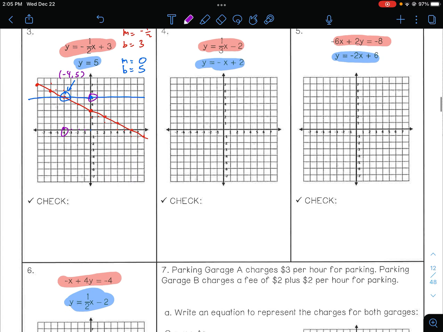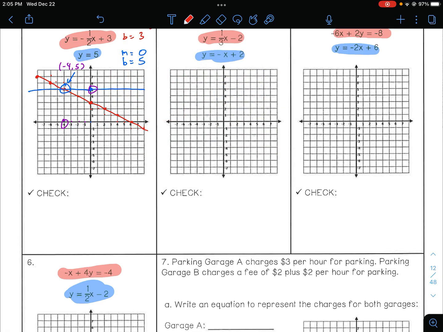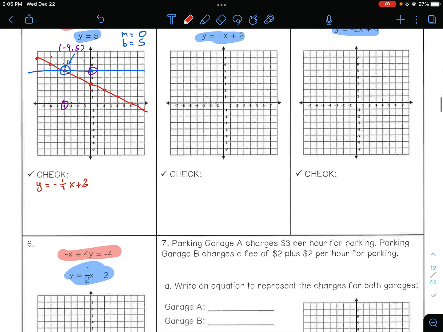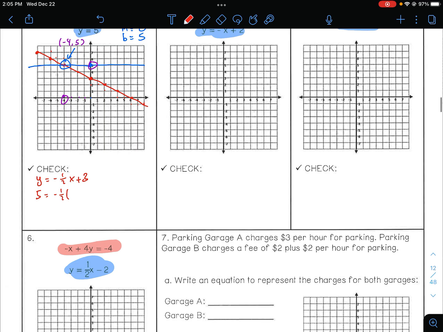Let's see if that is a solution to both of them. So y equals -1/2 x plus 3. We said that y is 5, and we said x is -4.